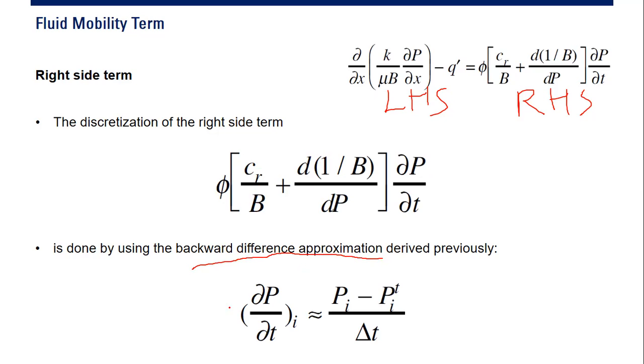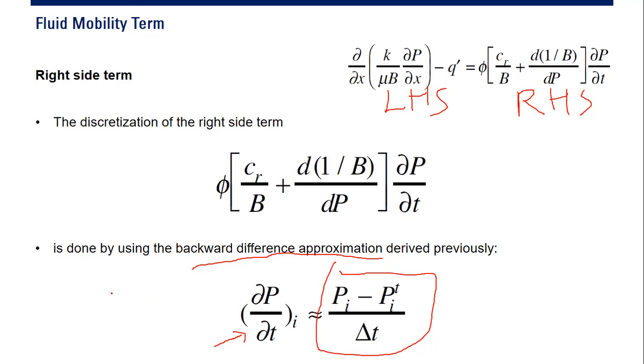Okay, we want to express the partial differential equation dP dt using the difference form to be like this one. Again, this is the partial differential equation, the left hand side, and we want to do an approximation to get that difference form.